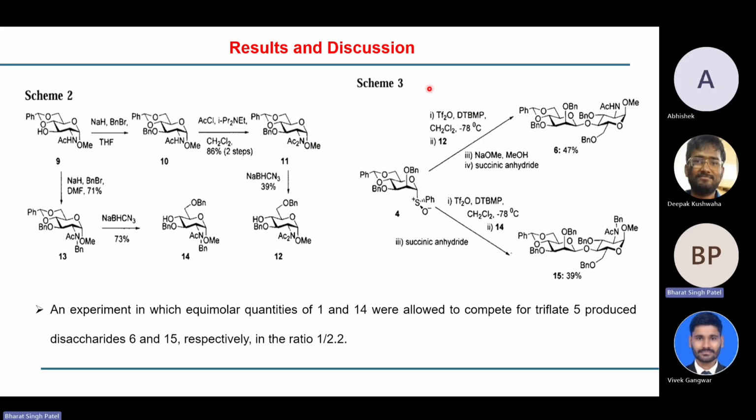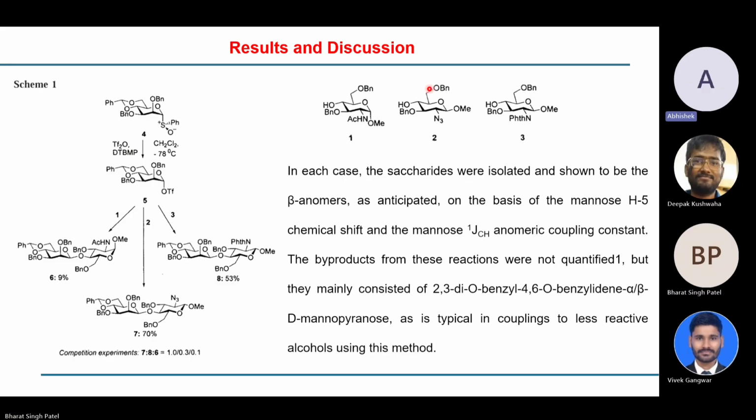Since it is present in the acceptor, this is the starting molecule, first, second, third, by comparing. That's what I'm telling: the thing we are seeing is an acceptor, not a donor. The donor usually affects the outcome of the glycoside product. Since they have taken the mannosyl triflate here, it depends on whether they are getting alpha or beta.